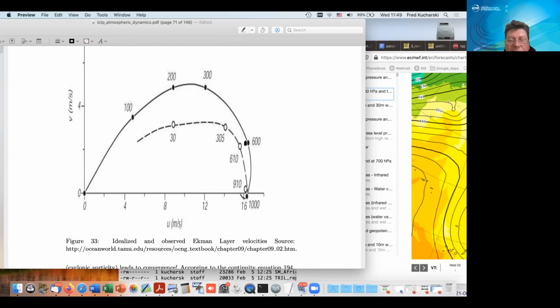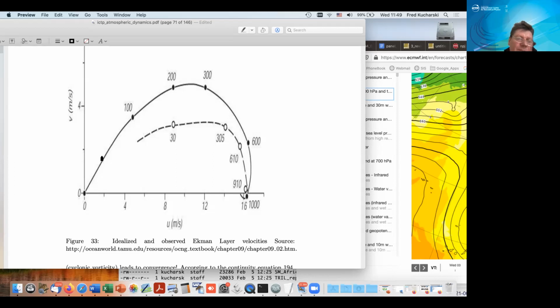Now this rotation we hardly see, although there should be some spiral. This is called the Ekman spiral. But the decay is so quick that you just see some kind of overshooting and then almost nothing anymore. But there is clearly a rotation of our winds as we go up.